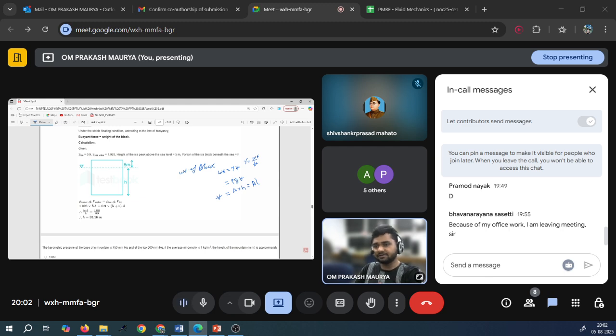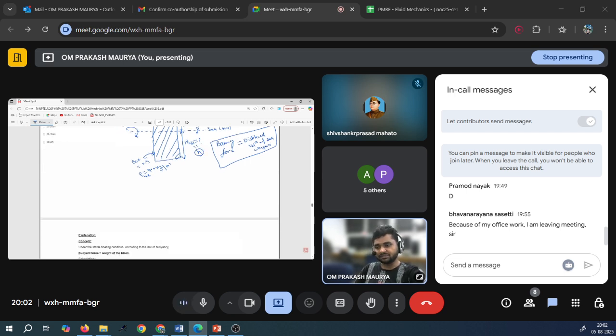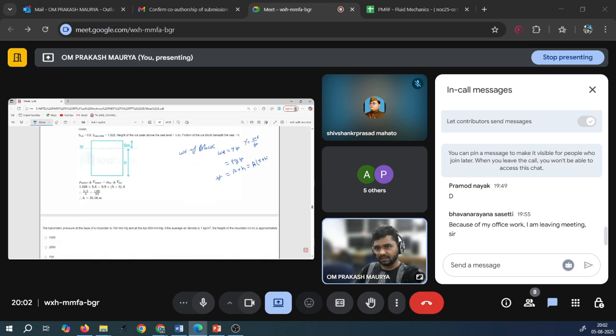The height of the ice is 5 above the sea and H beneath, so in the solution we are considering the total height. So this is the volume, and the weight of the block is rho g and the volume.